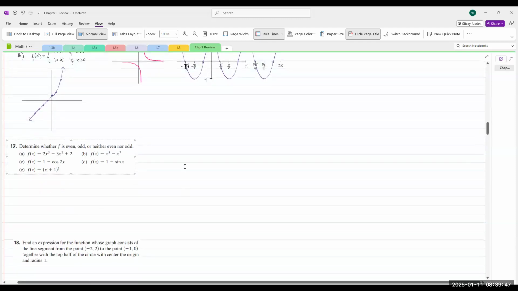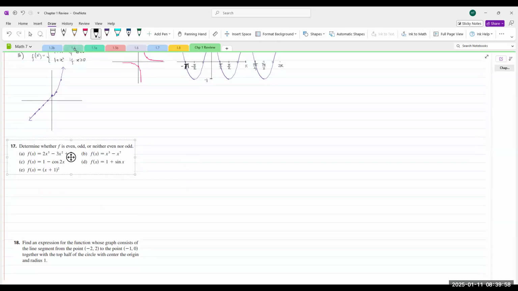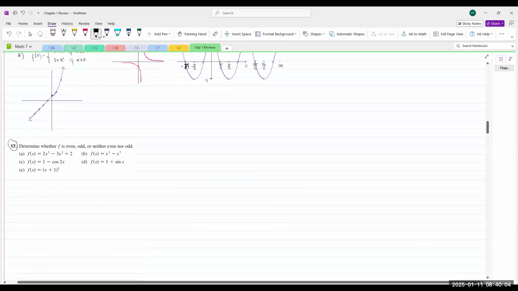Determine whether this function is even, odd, or neither odd nor even. This is my type of question. So expect me to ask this type of question. How do we show that a function is even or odd?